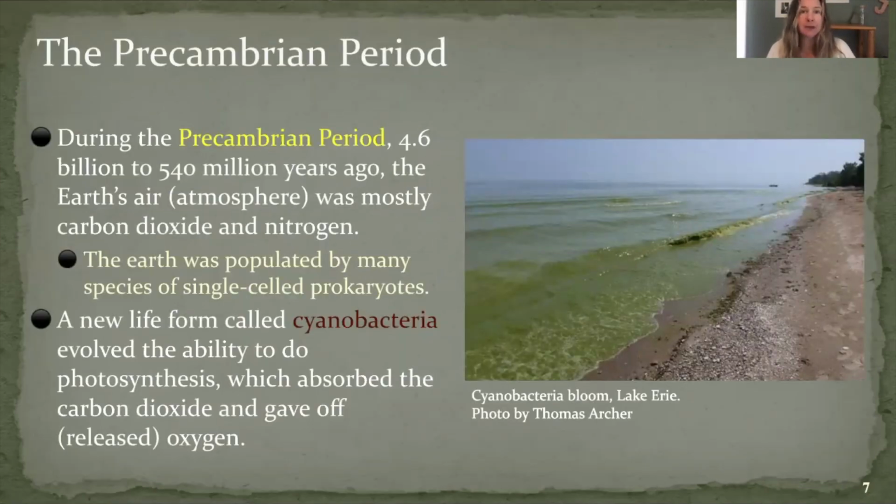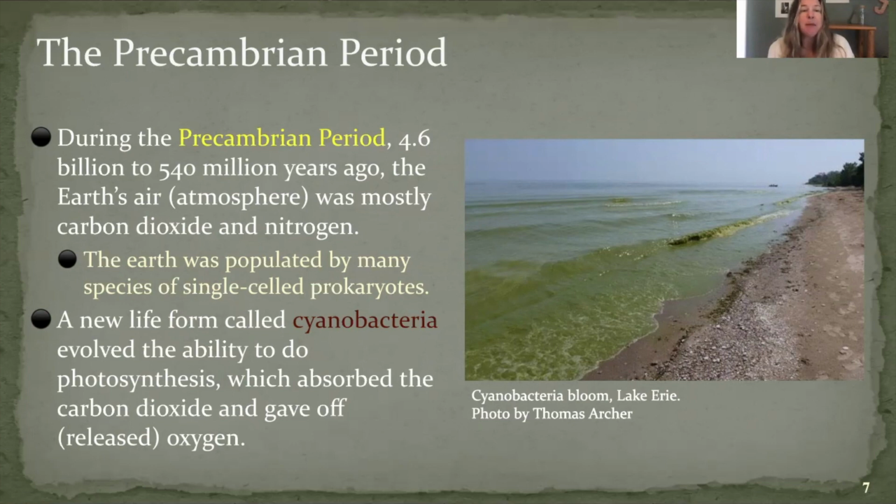The pre-Cambrian period. Remember, pre means before, and Cambrian, if you recall from geologic time a couple weeks ago, is life. So pre-life, well, there were some things. That was 4.6 billion years to about 540 million years ago. The Earth's atmosphere was mostly carbon dioxide and nitrogen. So what changed?